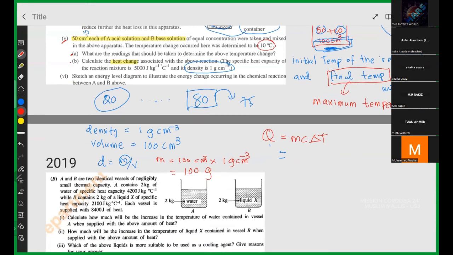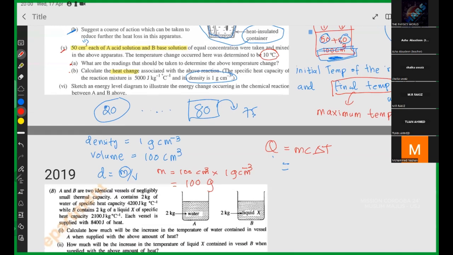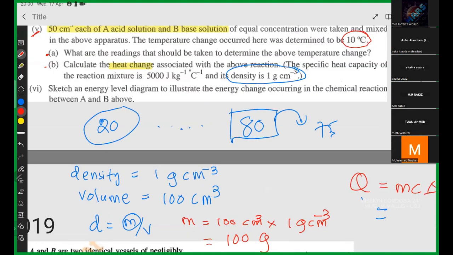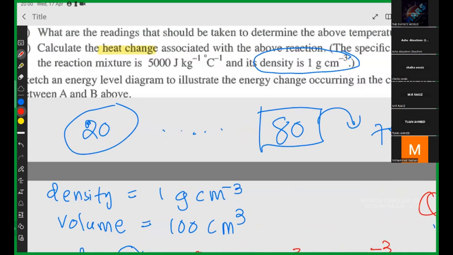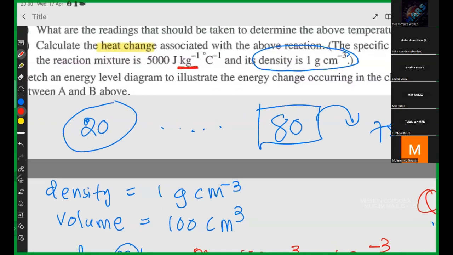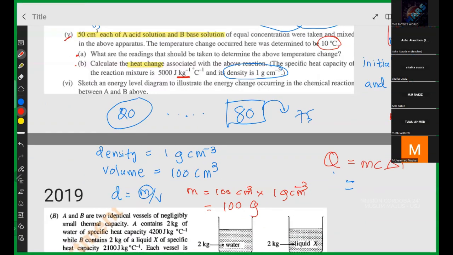Now, when you look at the specific heat capacity, it is given in kilograms. So what are you going to do? You have to change your 100 grams into kilograms. If you want to change it to kilograms, you have to divide it by 1000. These are simple ones. So the unit is kilogram.